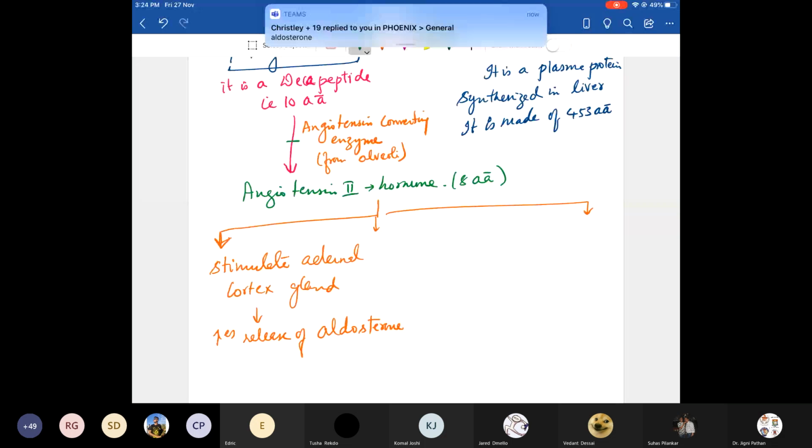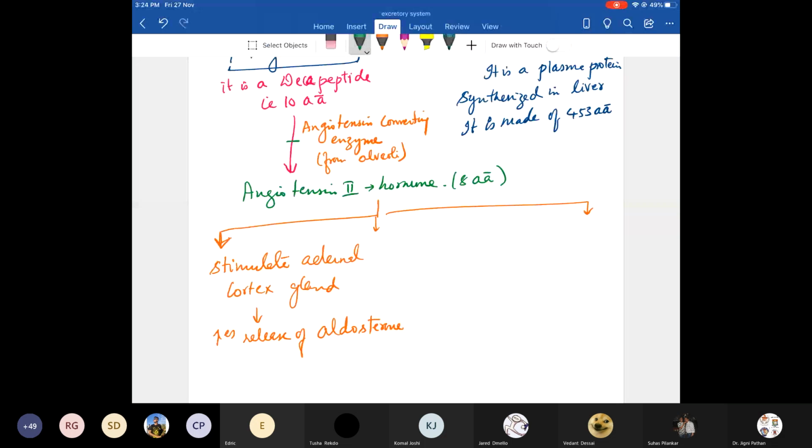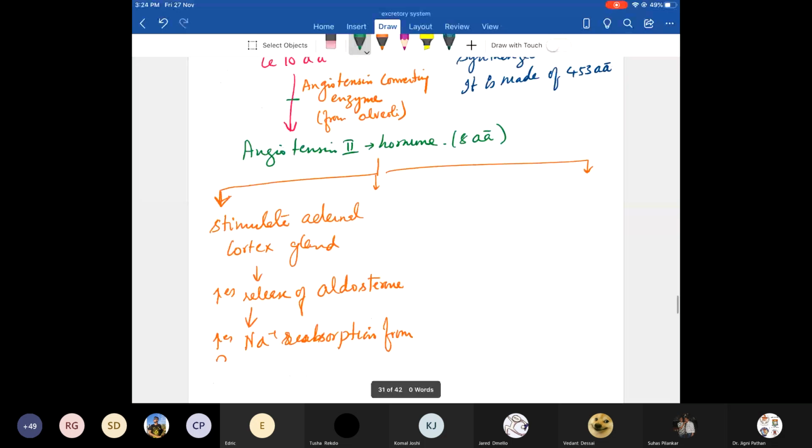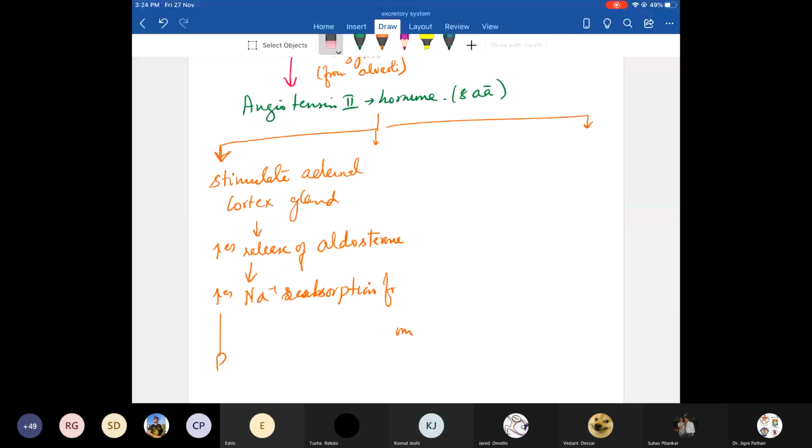Aldosterone increases sodium reabsorption from DCT.